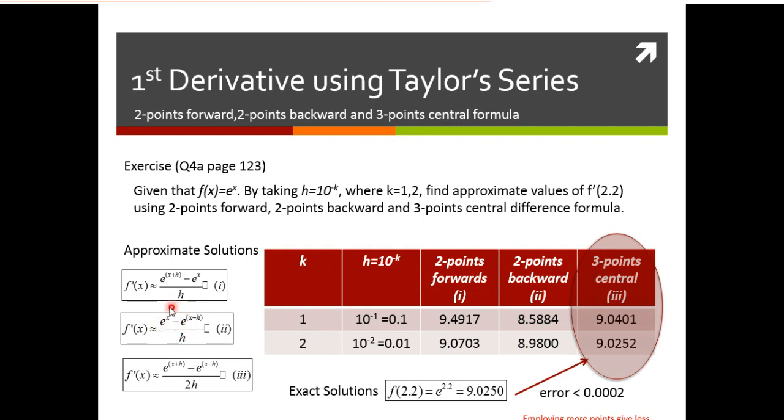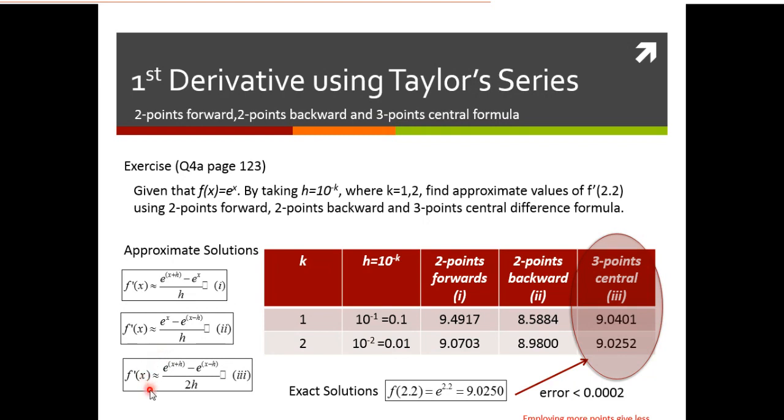What you have to do is just replace the function f of x with the exponent, because f of x is represented by e to the power of x, and then minus e to the power of x minus h, divided by the step size h. This is the second formula that represents the 2-point backward difference formula.